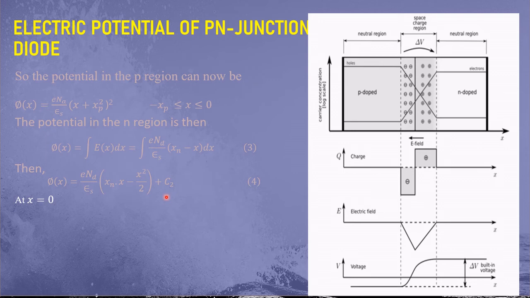If we put x equal to 0 in equation 4, we get the integration constant value C2, that is equal to q N_A divided by 2 epsilon_s times x_p square. So this is the integration constant value of equation 4.